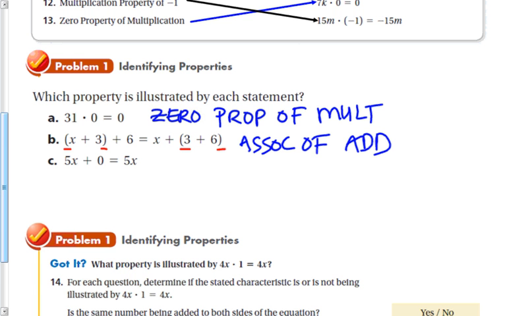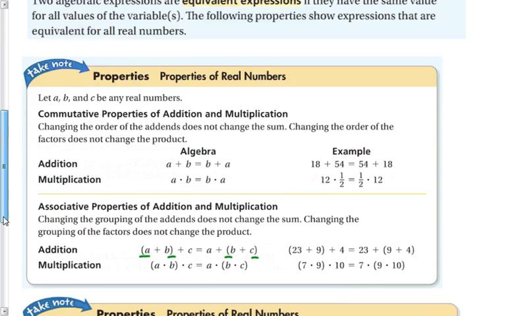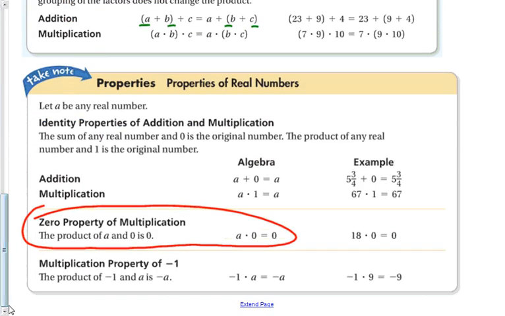And the last one, we're adding 0. And here's what I want you to notice here, that you end up with the same thing. Whenever that happens, that's an identity. So think of yourself as your identity is another way of being you. So, it's an identity property, which are these properties here. And there's 2 of them, one for addition and one for multiplication.